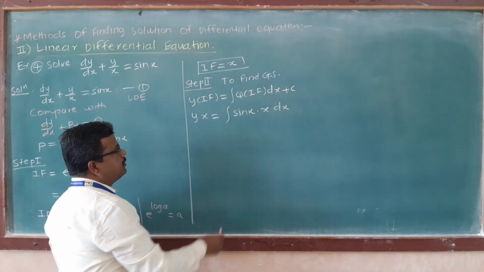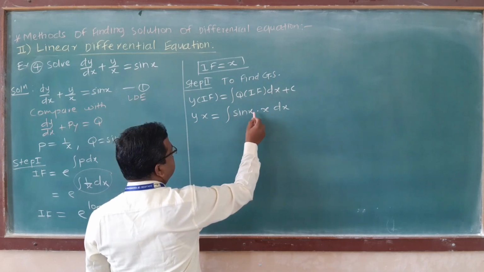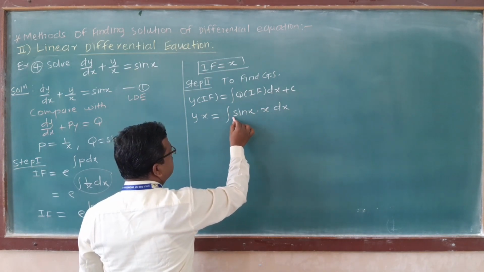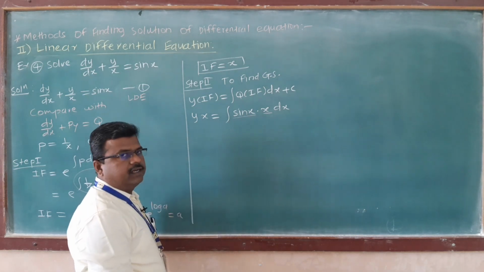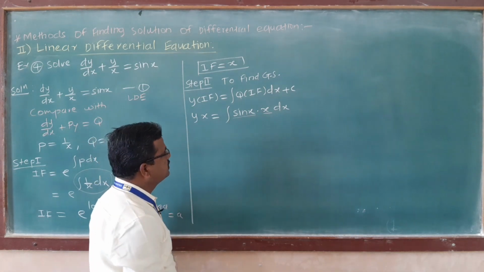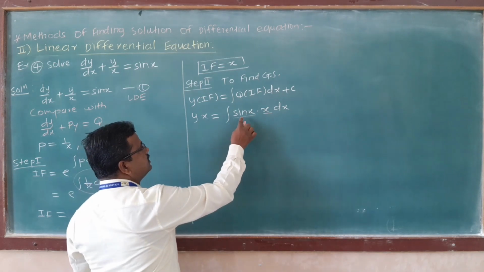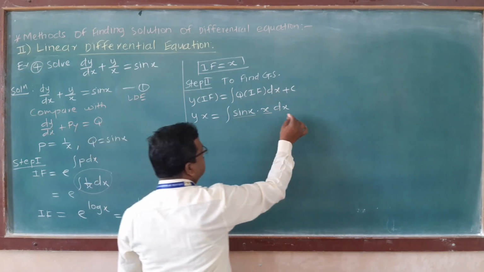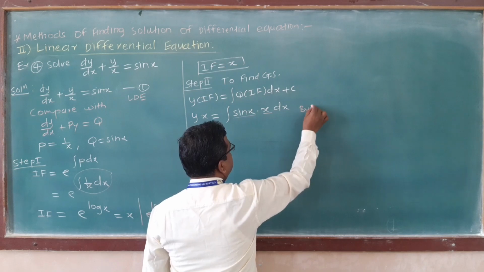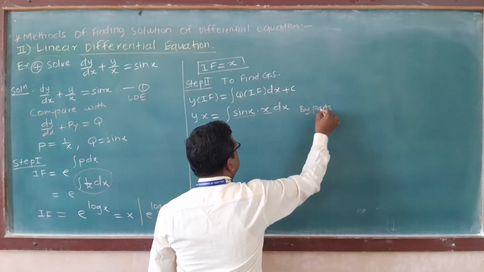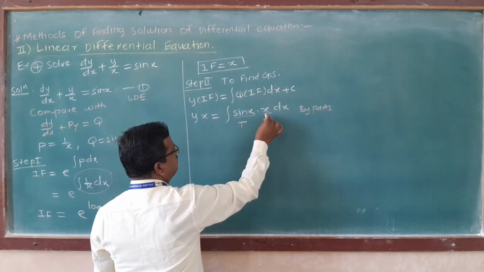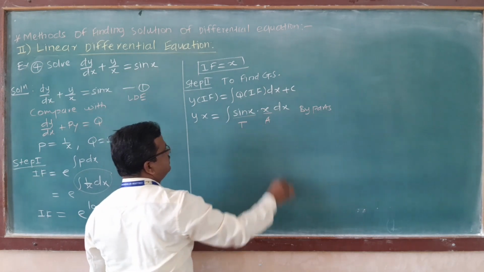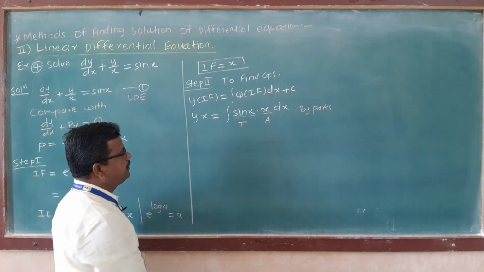Now to obtain this integration of sin x into x, this is a product of two functions. So we have to obtain this integration by using parts. For that, sin x is a trigonometric function and x is an algebraic function.